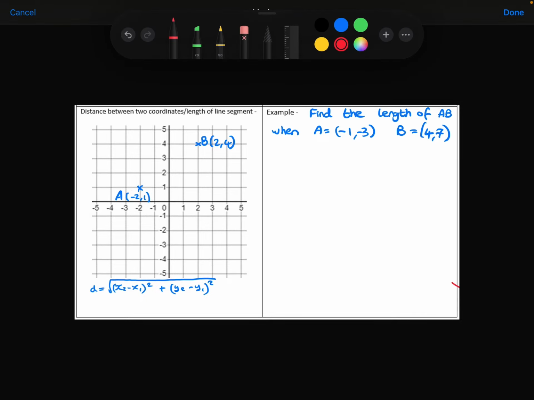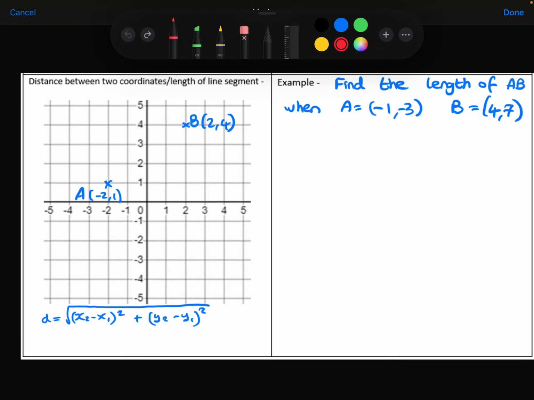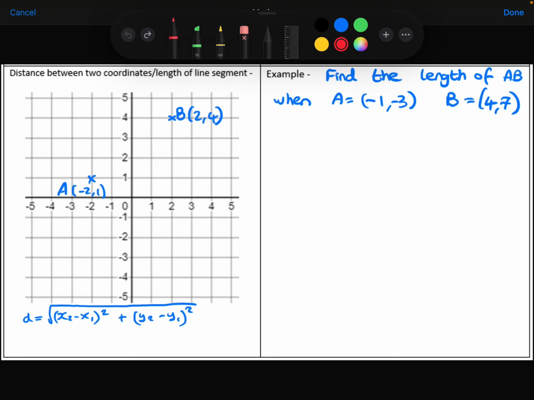Next, we're going to look at the distance between two coordinates, or sometimes it's called the length of a line segment. So the distance between these 2 points, the length of the line segment between A and B. You might see this formula written down in some places. I would completely ignore that formula. It makes a very simple concept much more complicated than it needs to be.